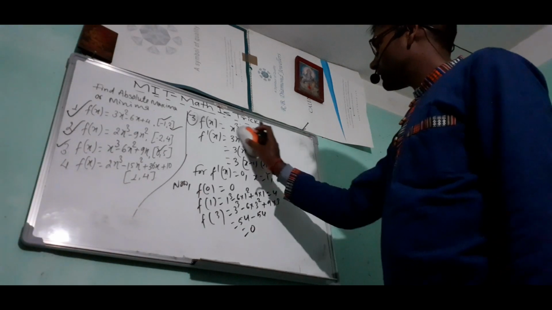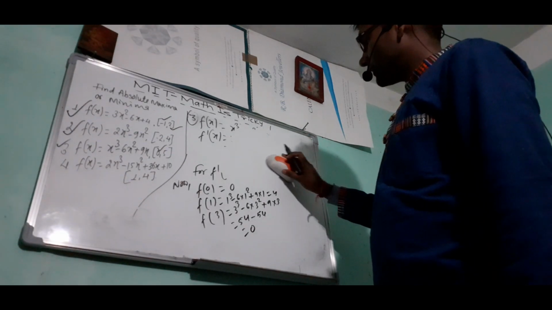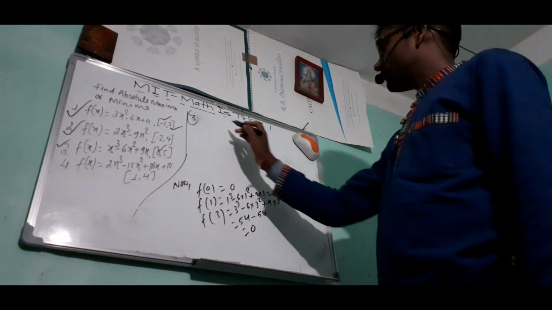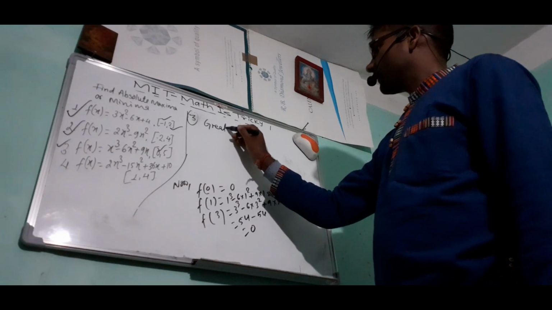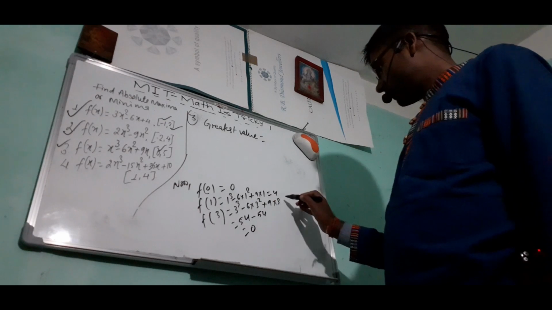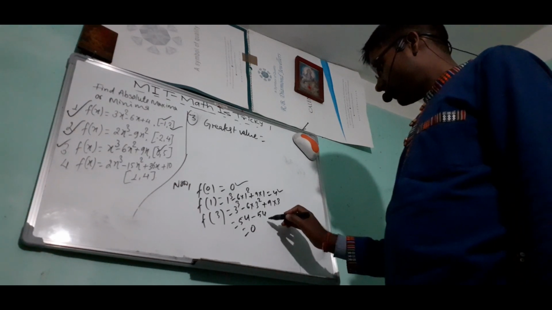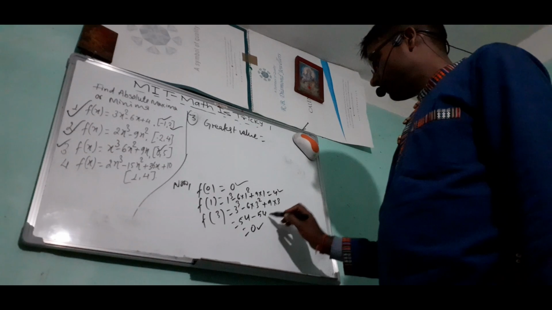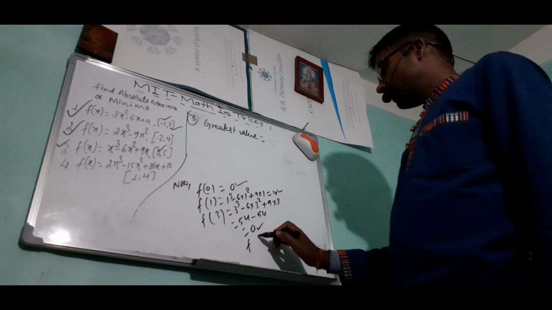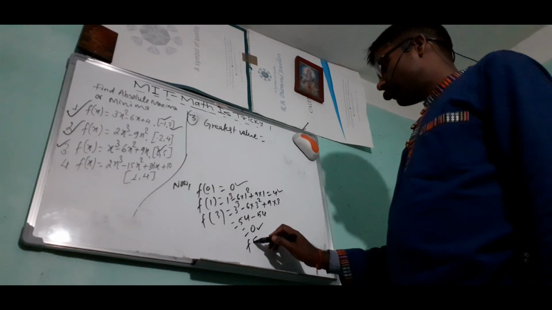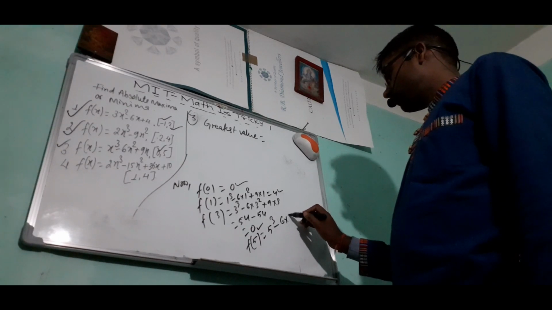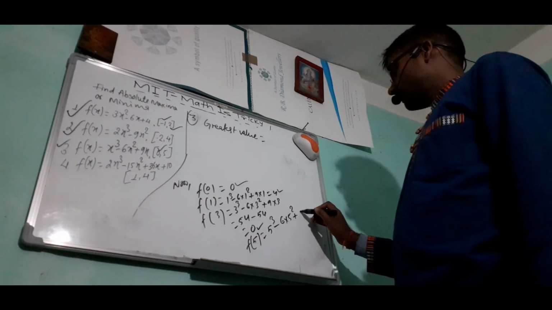So now let's see the greatest and smallest value. Let's find here also value of fx at x equals 5. So it will be fx 5 cube minus 6 into 5 square plus 9 into 5.